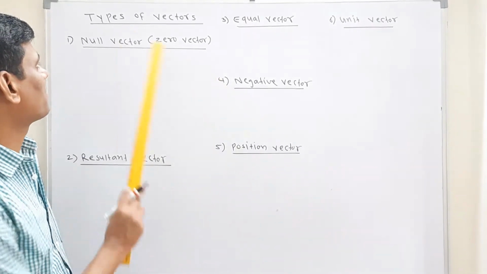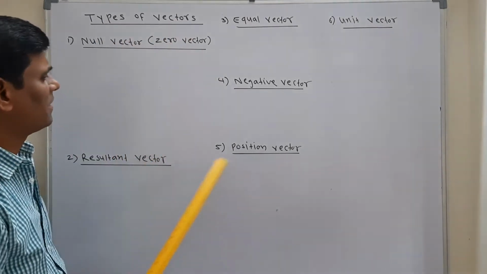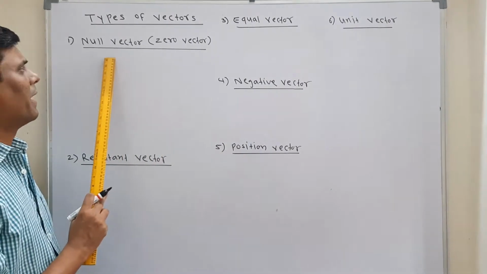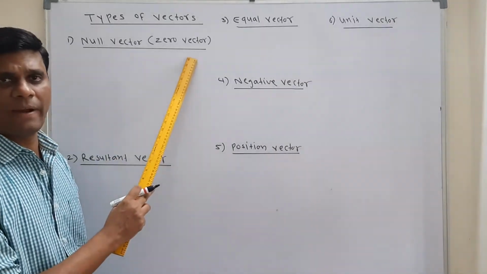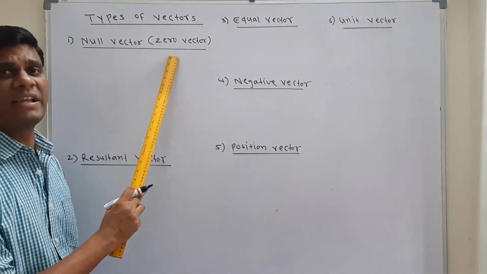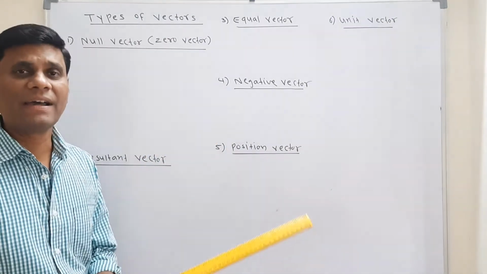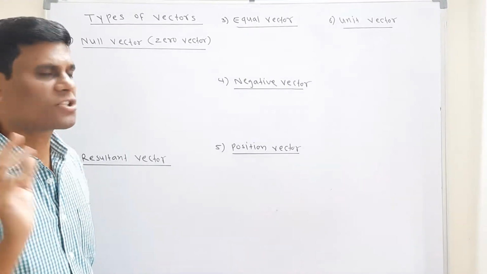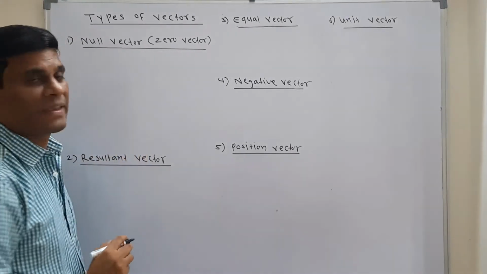Next part students, types of vectors. These are the types of vectors we have to see. Let us see the first one, null vector, or we call it a zero vector. As the name itself indicates, a vector having zero magnitude with a particular direction is called a null vector.